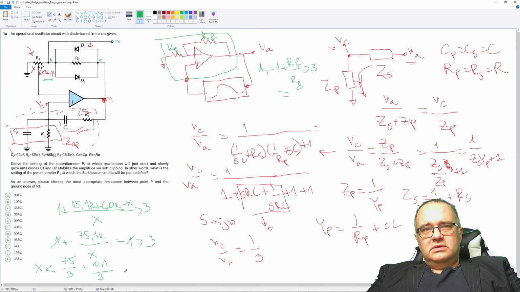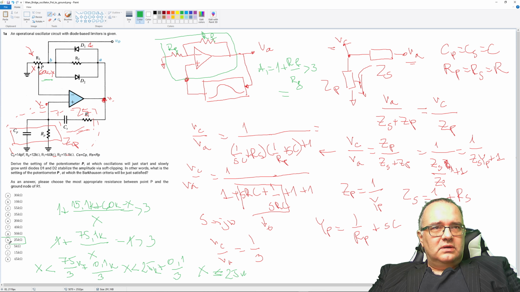Or in other words, X should be smaller than 25 plus 0.1 divided by 3. So this is k, of course. Or X, the answer is that X is smaller than 25k, it should be 25k here, this answer. All right, so this is the correct answer.